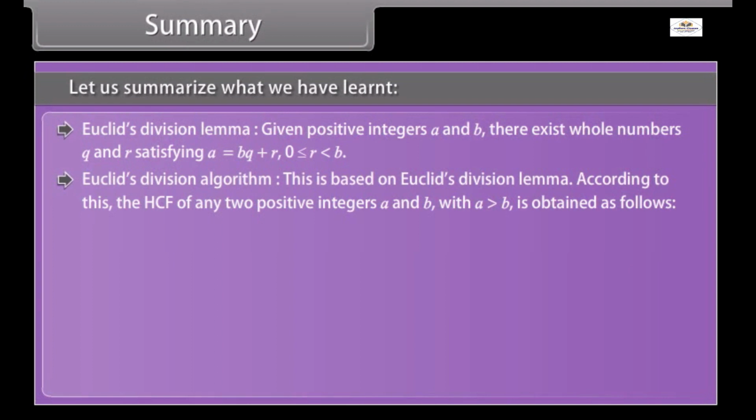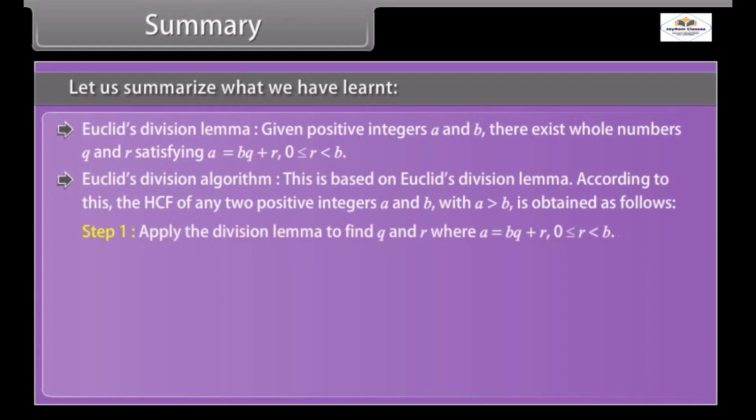According to this, the HCF of any two positive integers a and b, with a greater than b, is obtained as follows. 1. Apply the division lemma to find q and r, where a = bq + r, 0 ≤ r < b. 2.